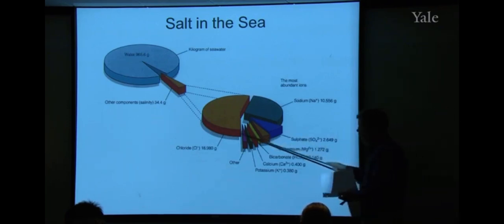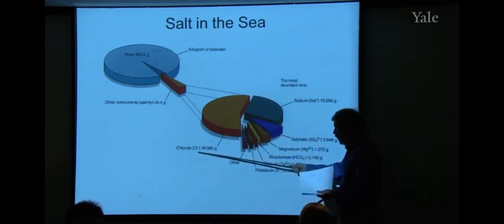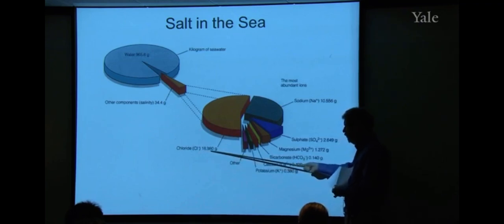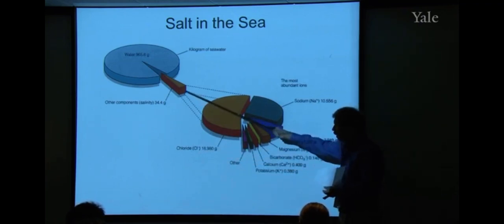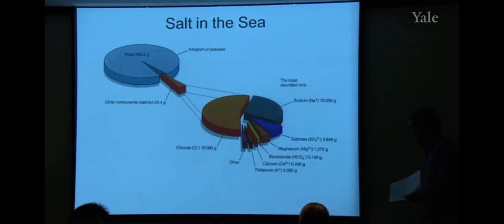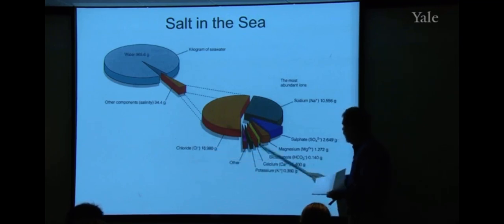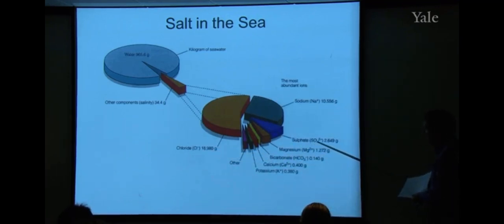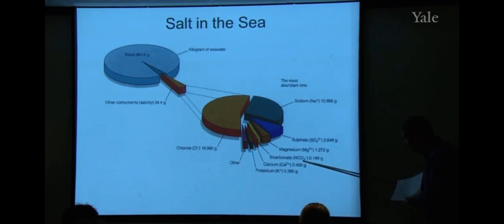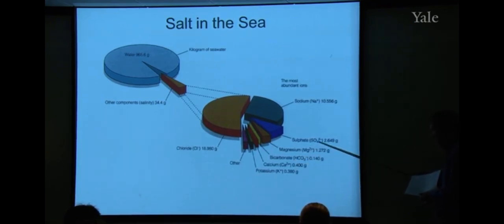And by far the largest contribution is the chlorine, 18.96 grams of the 34, a little more than half of that salt mass is due to the chlorine. And let's look at the other negative ions here. There's a sulfate radical, SO4, and there's a bicarbonate, HCO3, with minus signs for their charge.